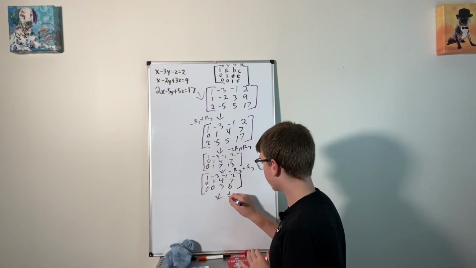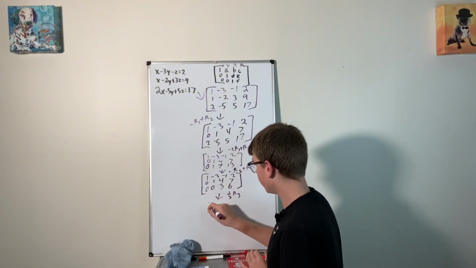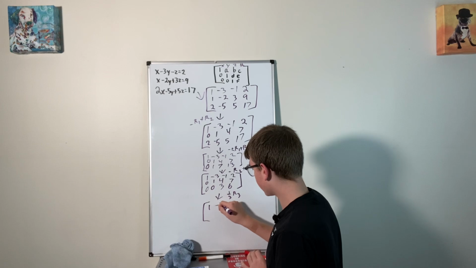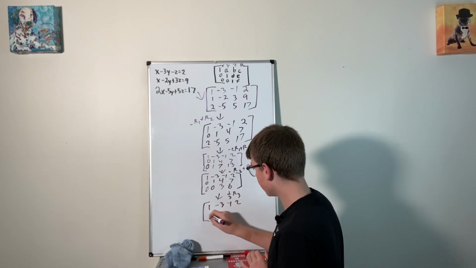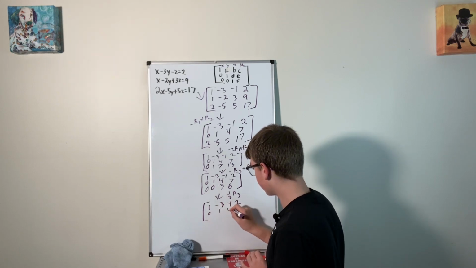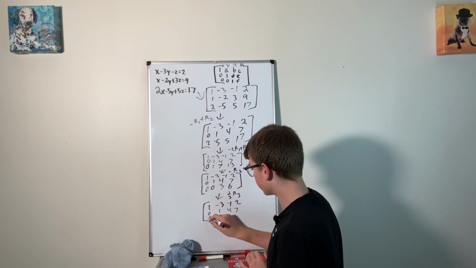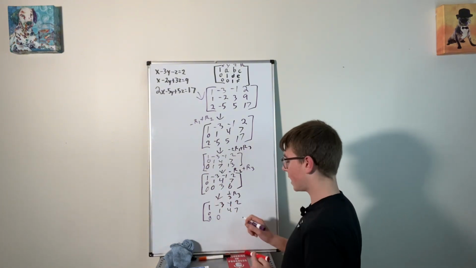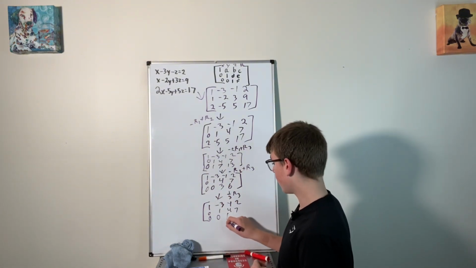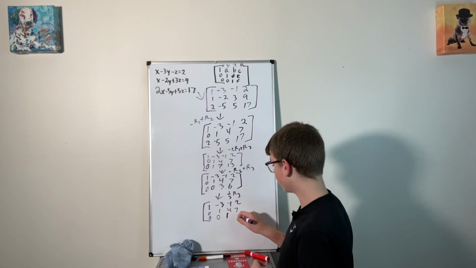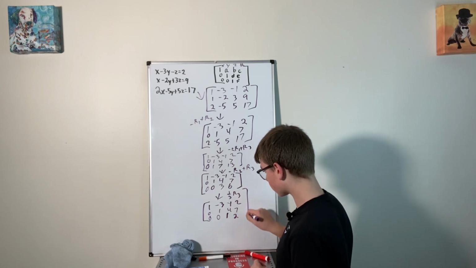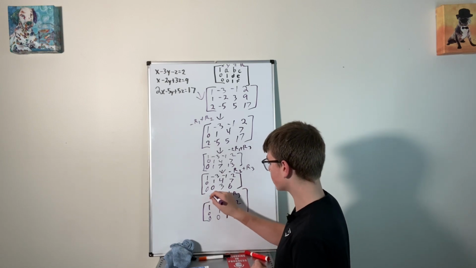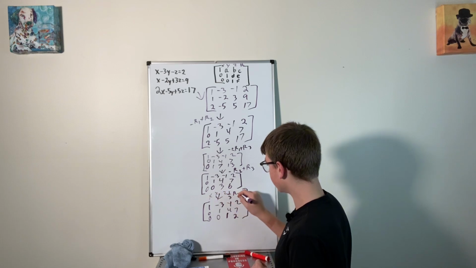So if we say 1/3 row 3, we'll get 1, negative 3, negative 1, 2, 0, 1, 4, 7, 0, 0, because 0 times a third is still 0. 3 times a third is 1, and 6 times a third is 2. So this is our x, y, z, and then this is like our number right at the end.